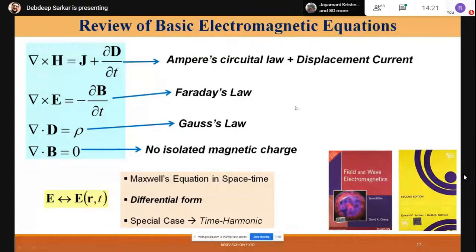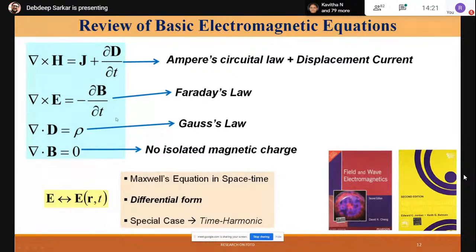So we generally learn about Maxwell's equations, and we are introduced to these mathematical notations where we have the magnetic field, electric flux density, magnetic flux density, and how these quantities are interrelated. We have the space charge density as well as the current density.